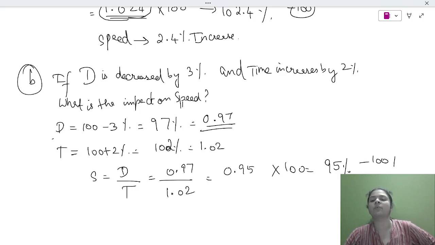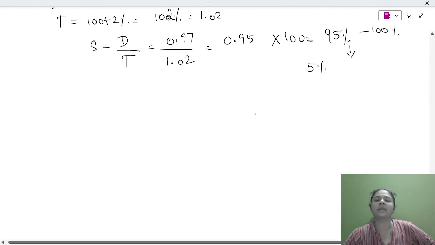So minus 100, what is the difference? 5%. So your answer will be, it is a 5% decrease in speed.